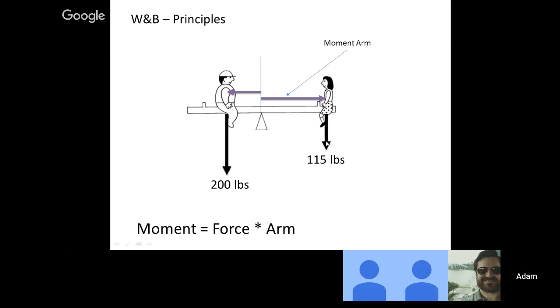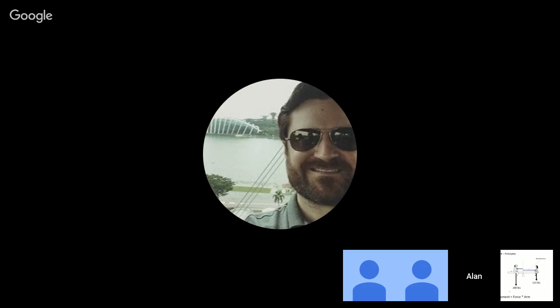It should be intuitively obvious why the heavier individual sits closer to the fulcrum, but can one of you tell me what would happen if the heavier individual started to move backwards, closer to the handles on the seesaw? The female's moment arm would increase in length.